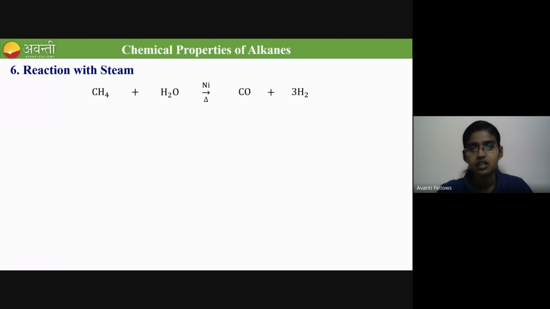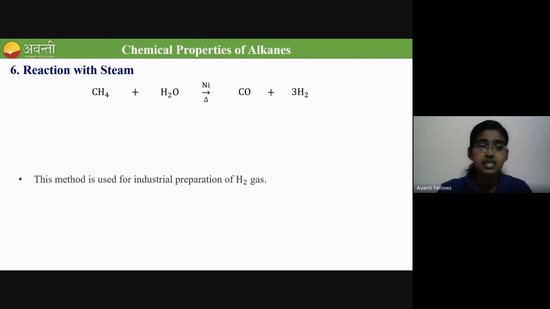This is the method which is used for the industrial preparation of hydrogen gas. Because you see, for one cycle of this reaction, 3 moles of hydrogen is produced. If you are doing the reaction 2 times, you will get 6 moles of hydrogen, right?